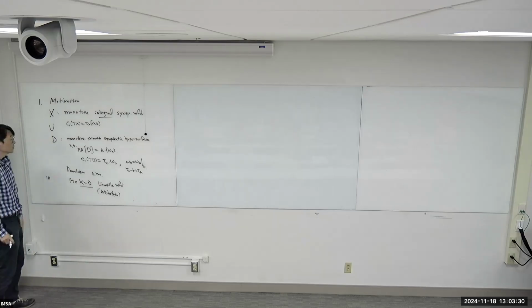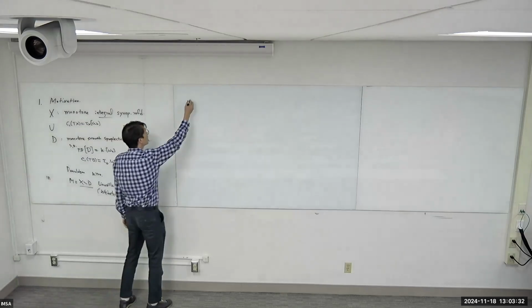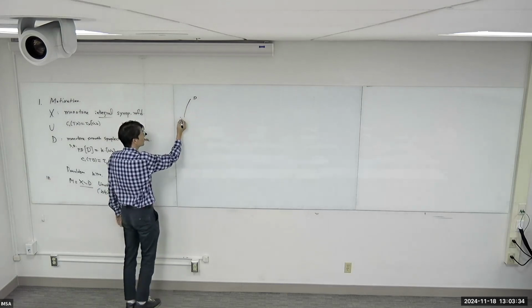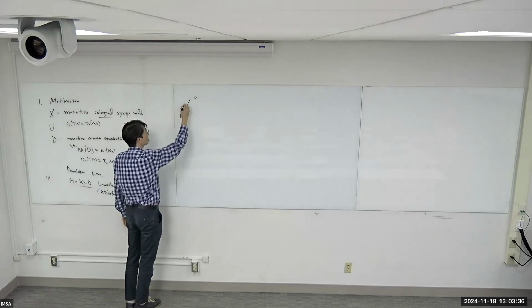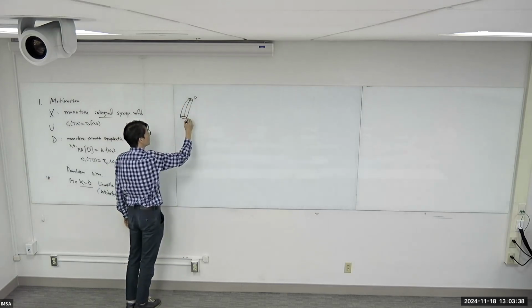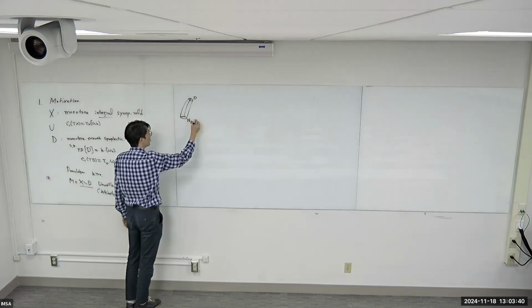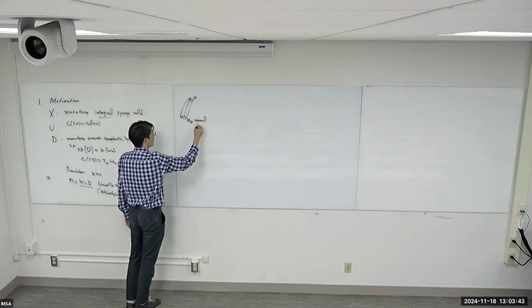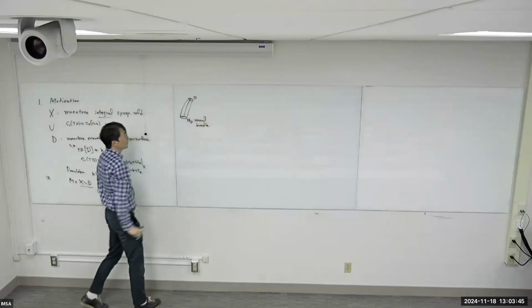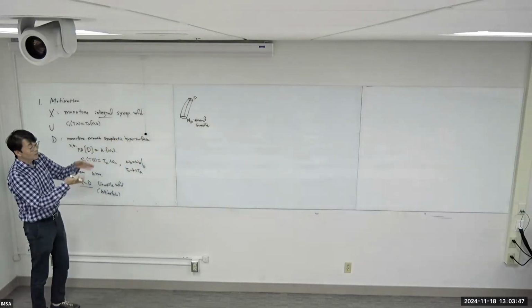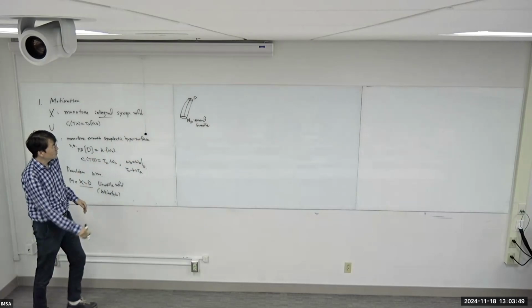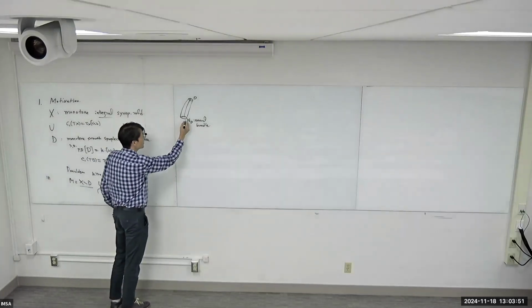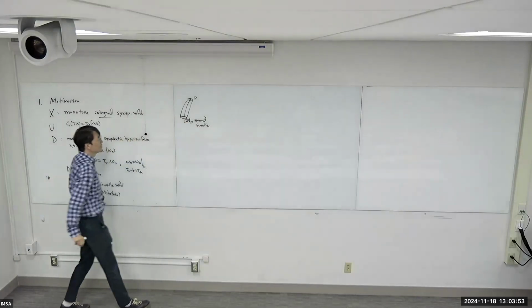In fact, if this is the divisor D, let's say we have a normal bundle, this is MD, the normal bundle. And maybe take the part where the length is less than 1, so it's the disk normal bundle.